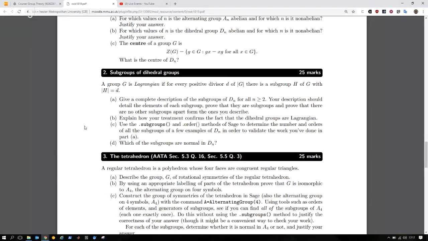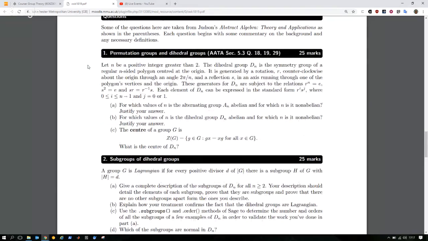Should it be n strictly greater than 2? Well, if you take the geometric definition of a dihedral group, then yes, the geometric definition is symmetries of the polygon. That only makes sense from n equals 3 upwards, right? Yeah, you're right. But the definition given in here is a group presentation, a group that's generated by elements R and S with these kind of relations, and that holds valid for n equals 2 as well.